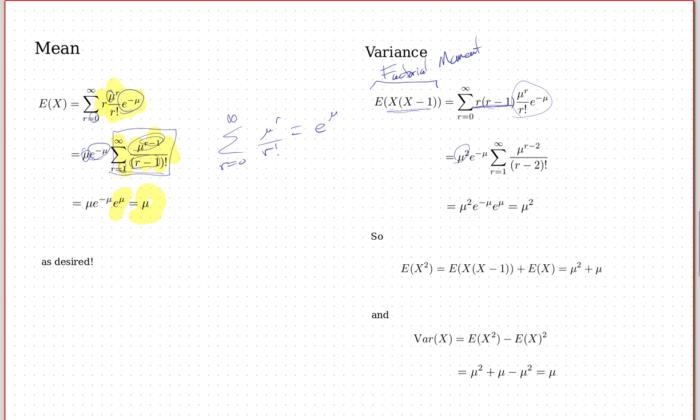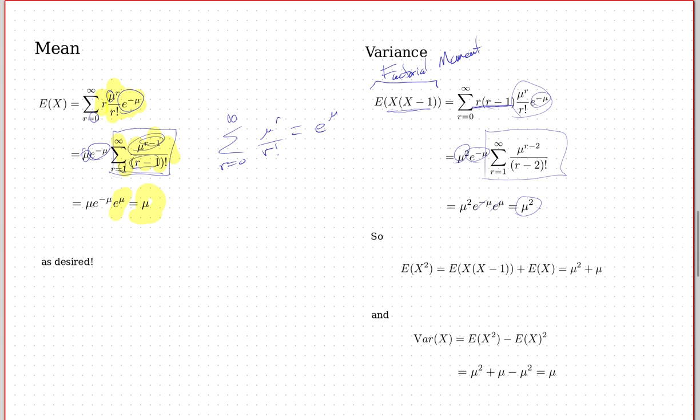Here I took out two factors of mu, and I also took out the factor of e to the minus mu. And then in a similar way, what you get is a displaced version of the summation for the exponential function, right? So once again, we get e to the minus mu times e to the mu canceling. And in this case, the expected value comes out to be mu squared.